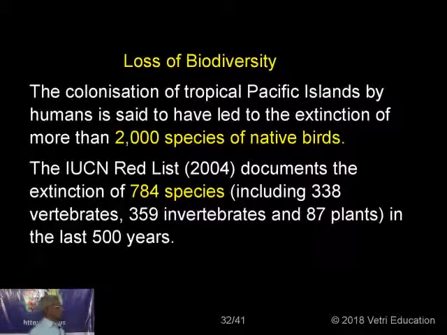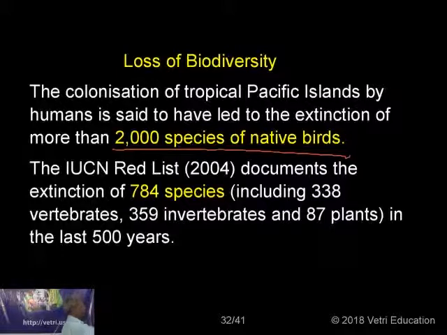Loss of biodiversity. The colonization of tropical Pacific islands by humans is said to have led to the extinction of more than 2,000 species of native birds. You see, the colonization, now the human being. I can blame only the human society, not anybody else, for any damage done to this biome, any damage done to the earth, any damage done to the plant, animal.